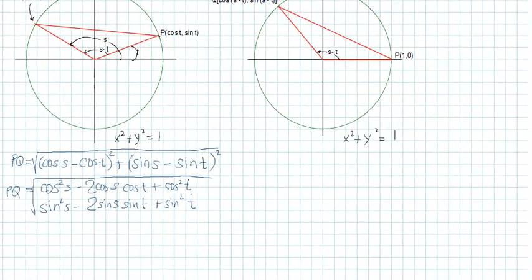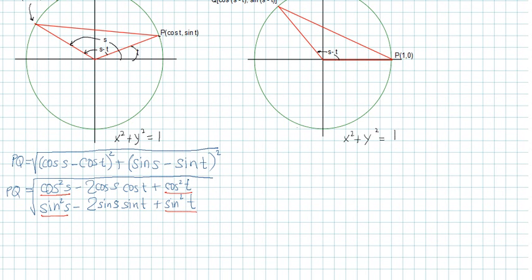All right. So now notice that we have a cosine square of s plus sine square of s. Remember that identity? Sine square of s plus cosine square of s is equal to 1. And we have another one here, cosine square of t, sine square of t. So whenever you have the cosine and the sine squared adding together, you get a 1.